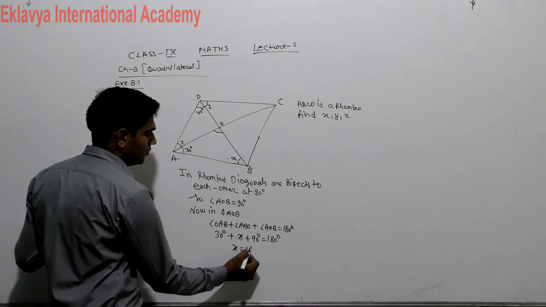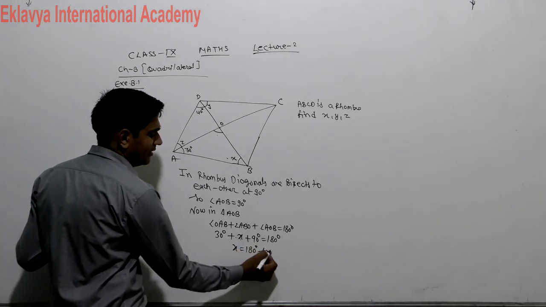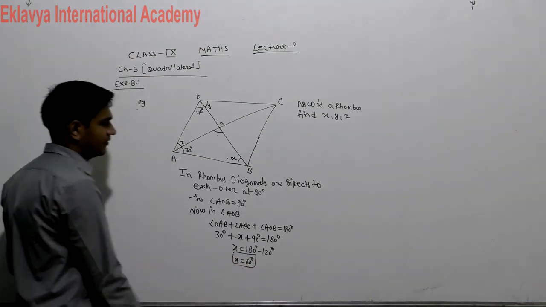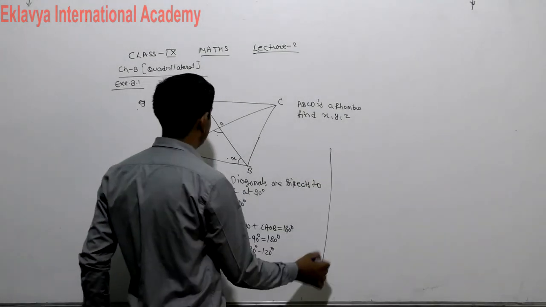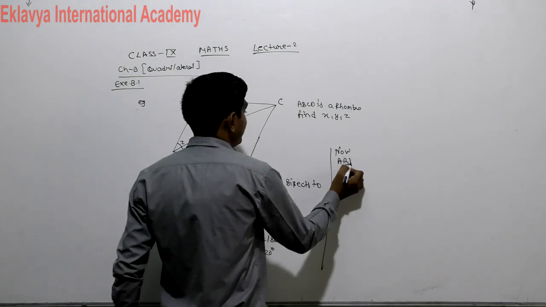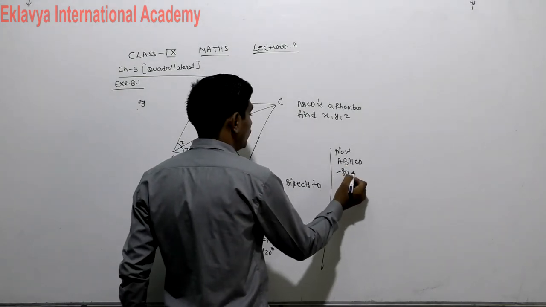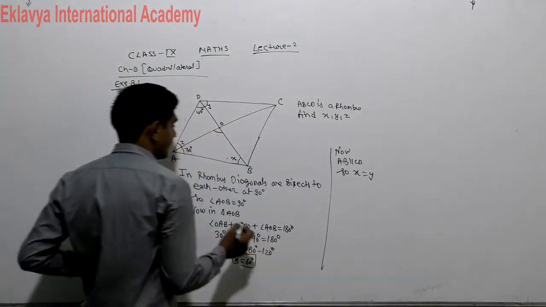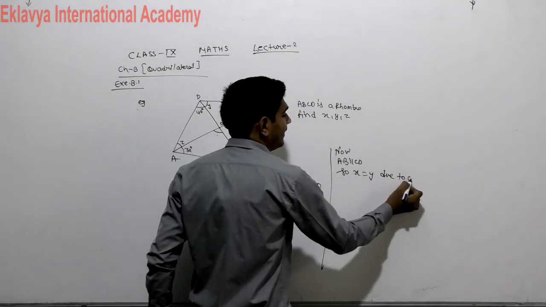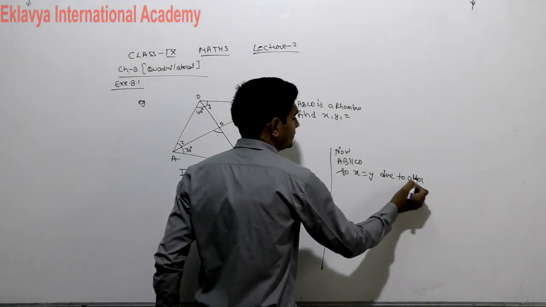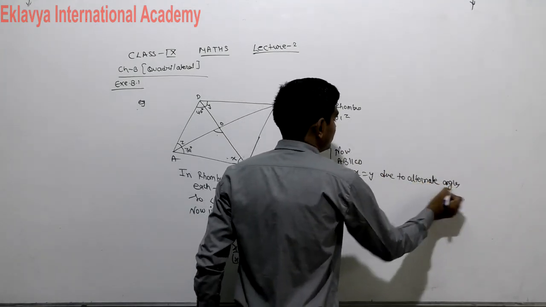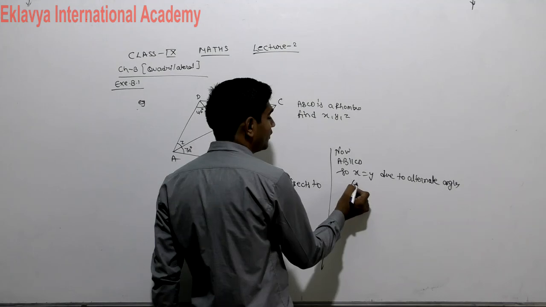So x value is 180 degree minus 120 degree. So value of x is 60 degree. Understand? Now AB is parallel to CD. So x is equals to y. X is equals to y due to alternate angles. So x value you already found out is 60 degree.